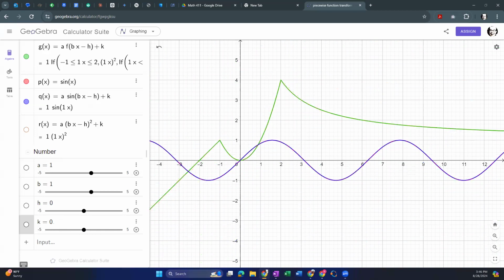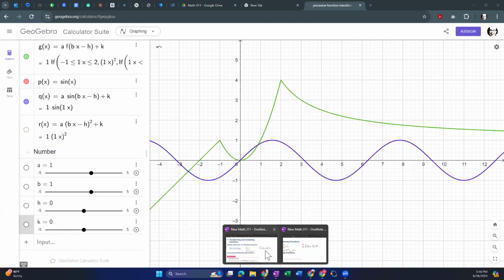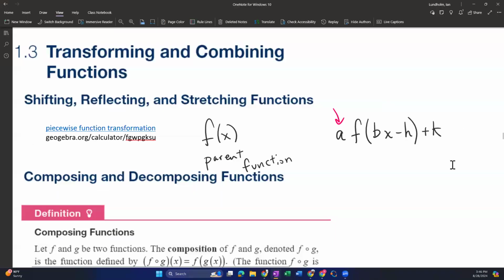Cool. If we go back to OneNote now, this one was related to vertical stretch, and can do reflections, a vertical reflection, when negative. Cool.